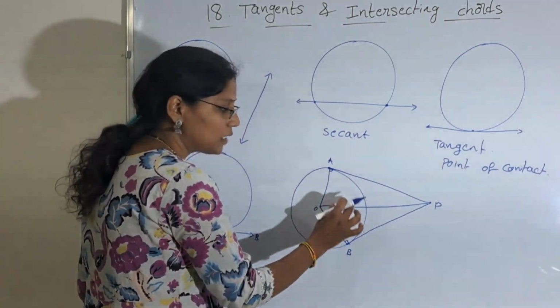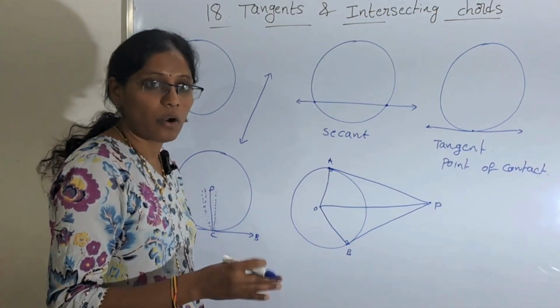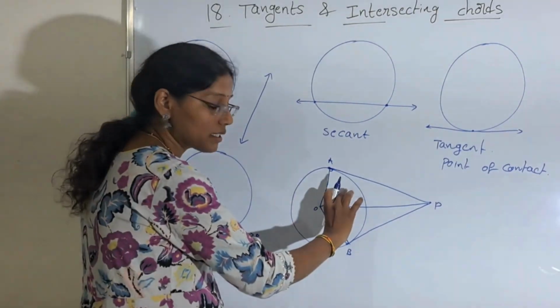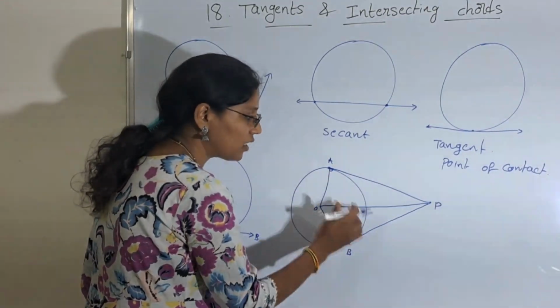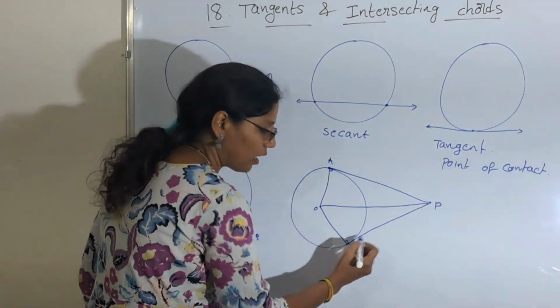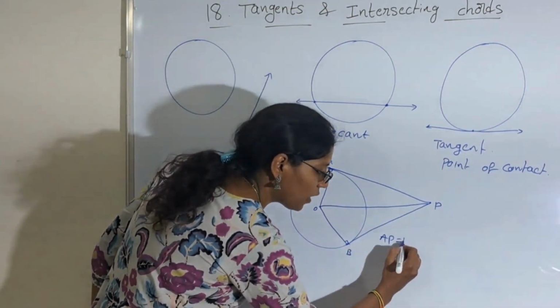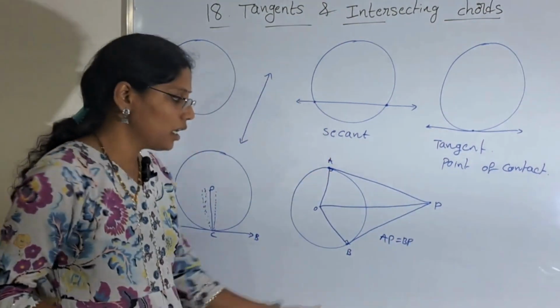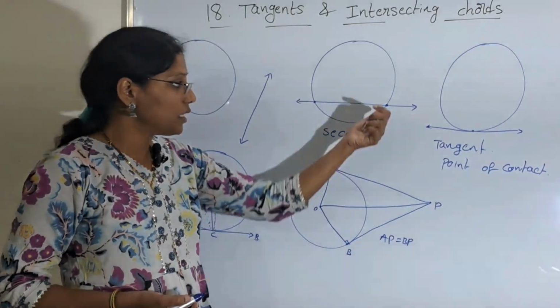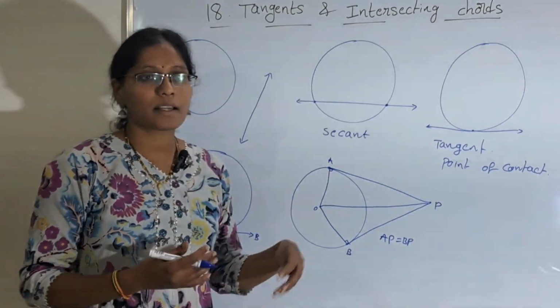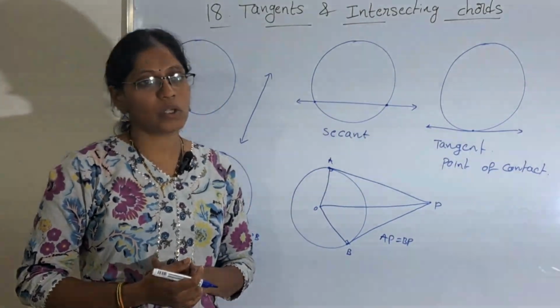RHS theorem proved, so these two triangles are congruent. Congruency means corresponding sides are equal. What sides are equal here? AP is equal to BP. So these two tangents will be equal. These properties we can use in the next exercise, and circle properties also we can use.